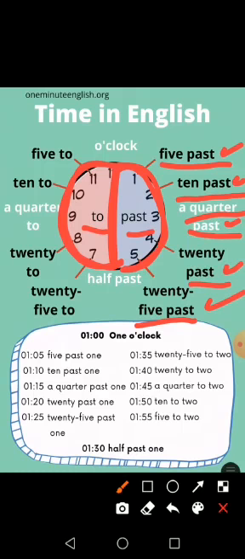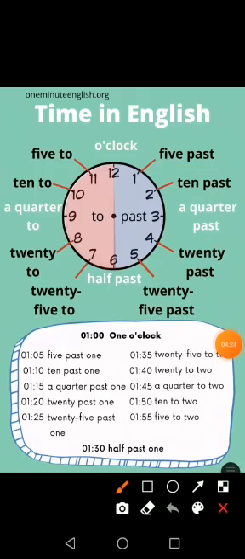Okay? So again, when the minute hand is on number 1, we call it 5 past. When the minute hand is on 2, we call it 10 past.